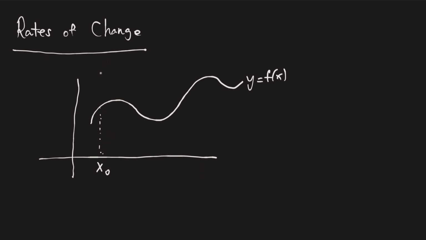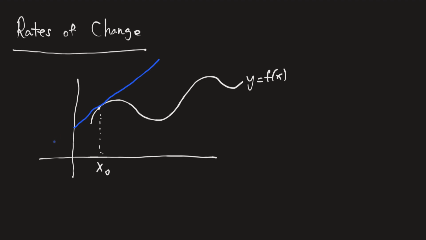And what we would like is to be able to find the line that passes through the same point here, but just kind of kisses or just glances along the curve. So this line that looks like this, right?